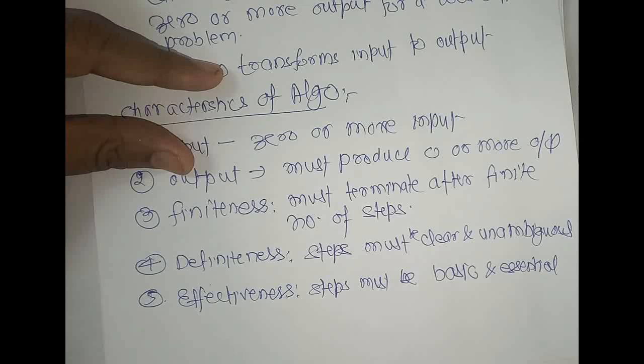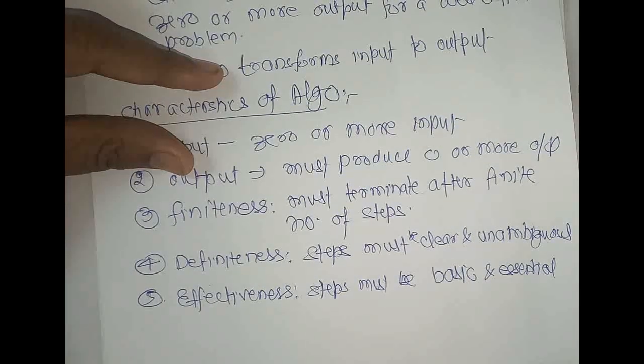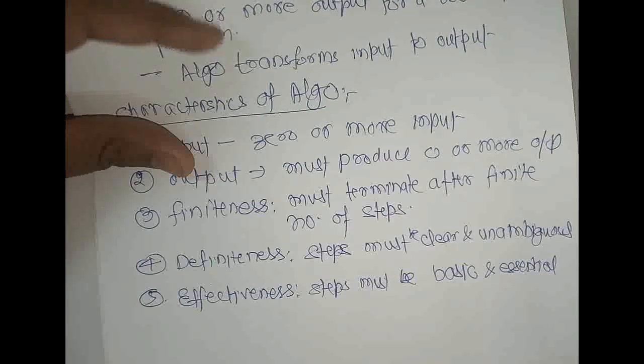We should write the steps in a simple form. We should not write the complete problem in one step. We have to break complex problems into simpler ones, and we should write only essential steps which are required, and we should not write unnecessary steps which will never execute.